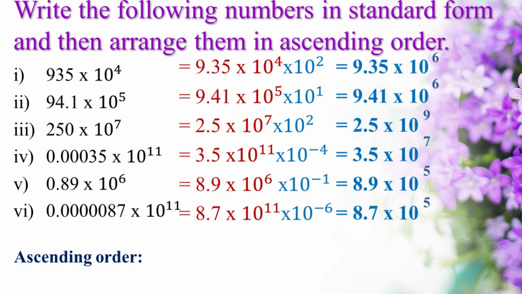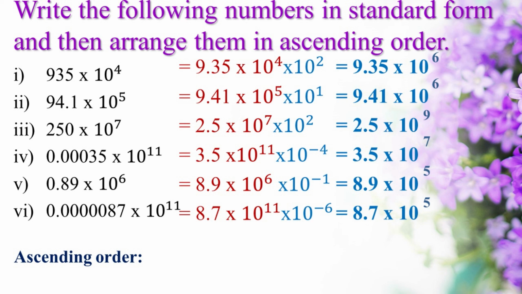So according to the power, you can write the numbers in ascending order, which means from the smallest power to the largest power. If the powers are the same, then you have to compare the decimal numbers.